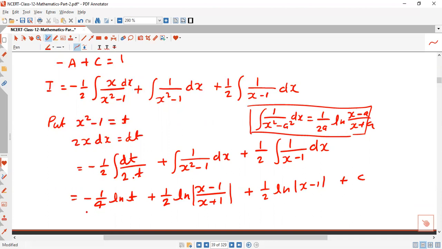Put the value of t equal to h square minus 1 here. It will come out minus 1 by 4 log h square minus 1 plus half log mod of h minus 1 upon h plus 1 plus, or I will combine these two ones.